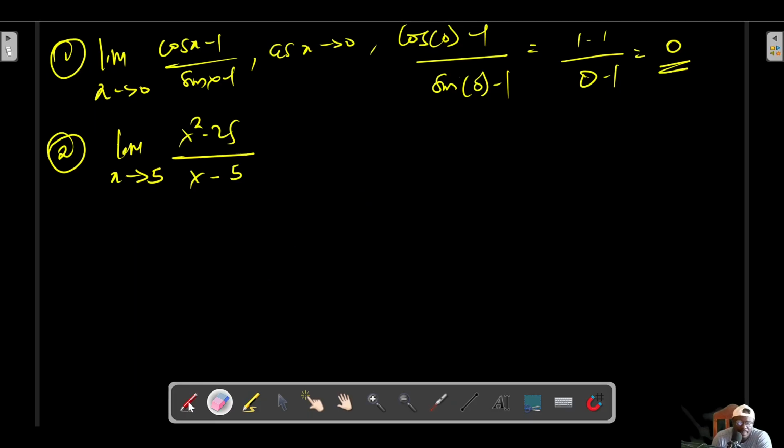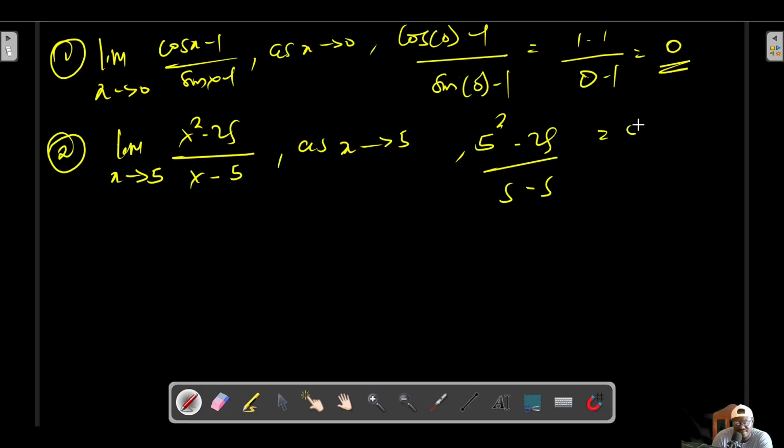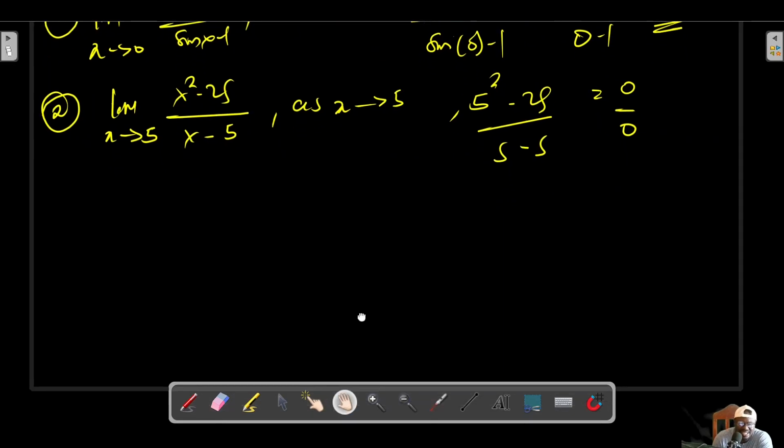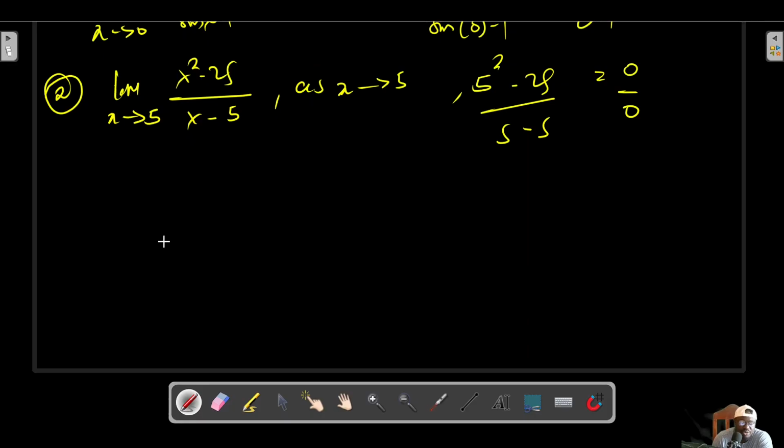Yes, so we first check if it's an indeterminate. So as x is approaching 5, what do we get? That's 5 squared minus 25 over 5 minus 5. We end up with 0 over 0, and this is clearly an indeterminate. Since the numerator is a polynomial, we can factorize the numerator.